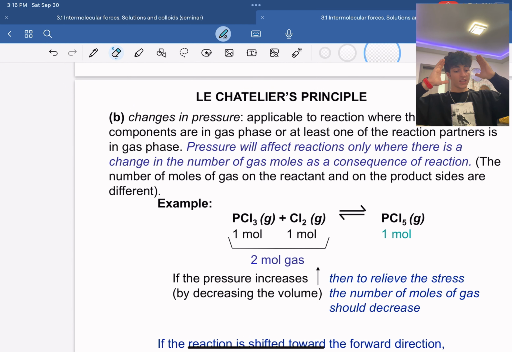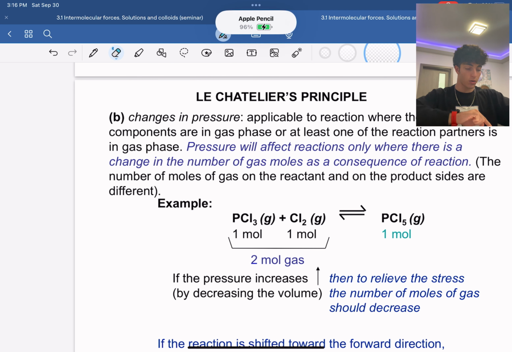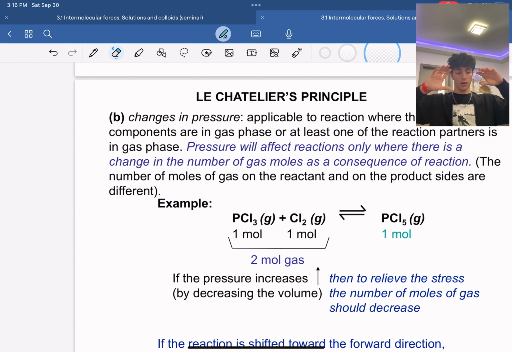The side that has the more number of moles, for example here, there's 2 compared to the 1 phosphorus pentachloride, there's more particles. So when you squeeze this together, you increase the pressure, okay, and you decrease the volume.